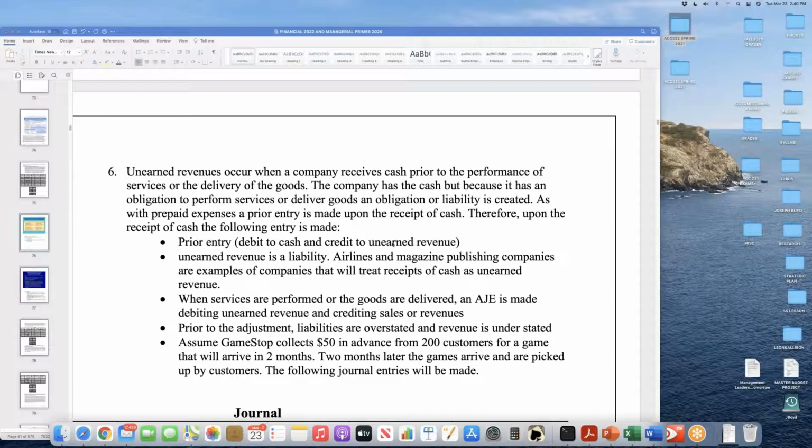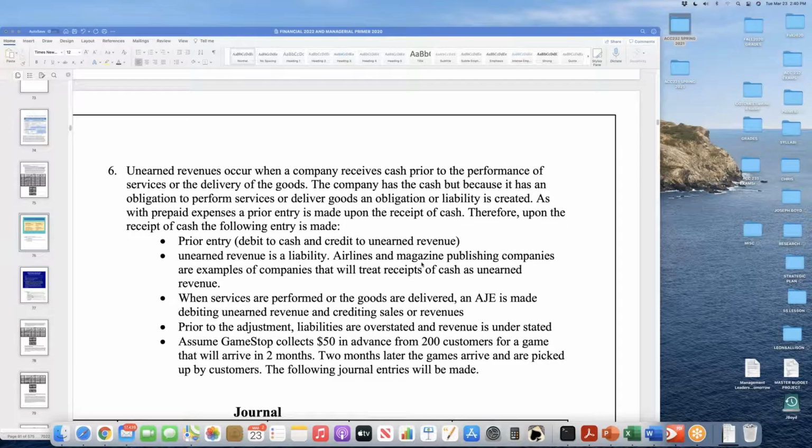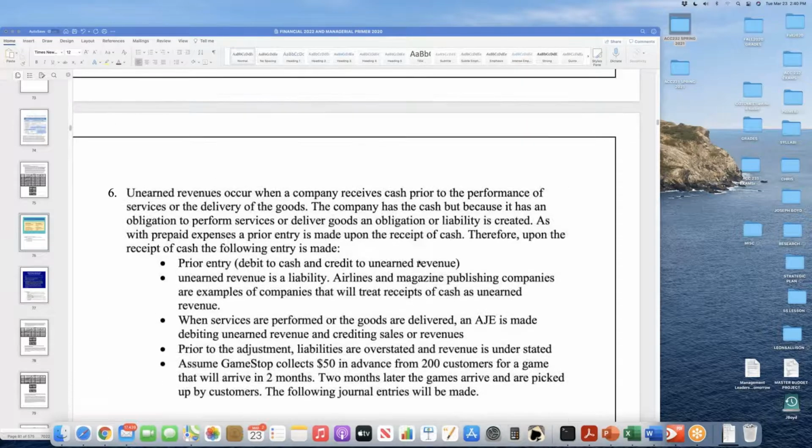Okay, it's a current liability. So what does that tell you? If you're running a company and you get cash in advance before you perform services, it's a liability because it could be paid back. When you perform the services, that's when you recognize the revenue.